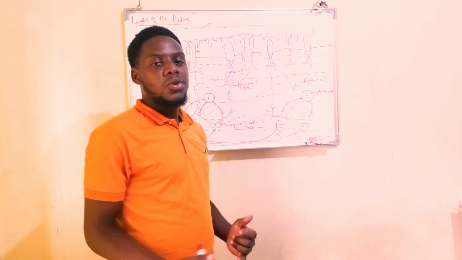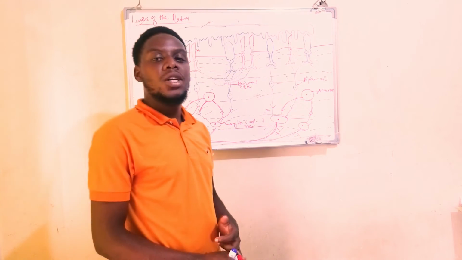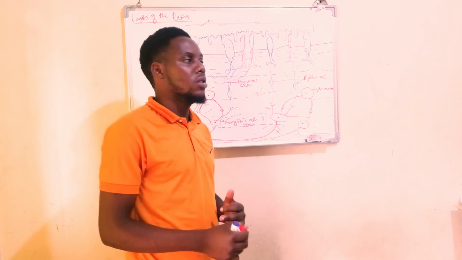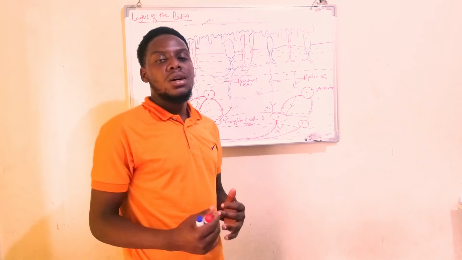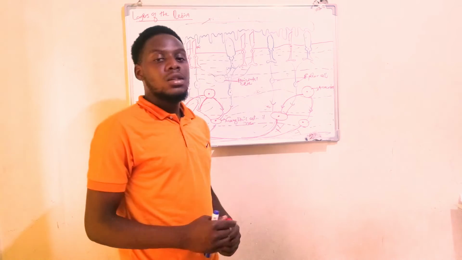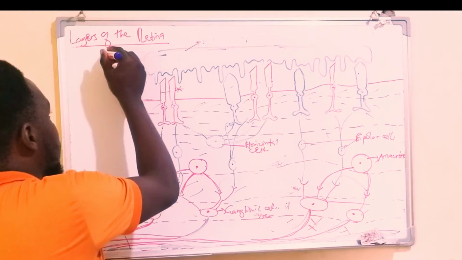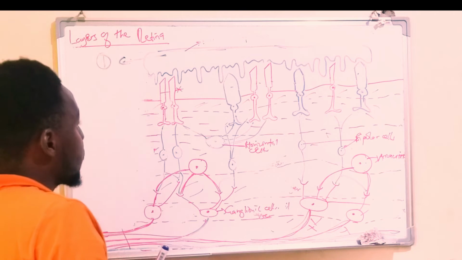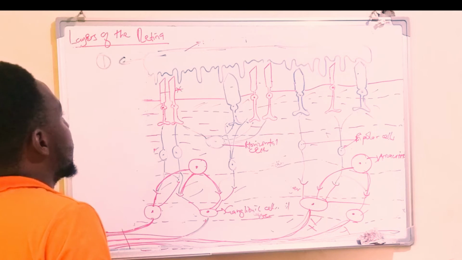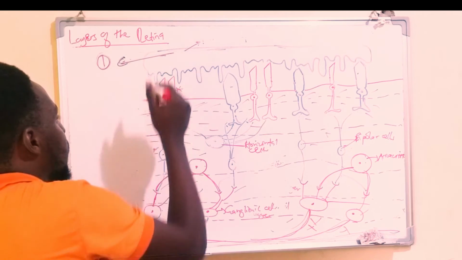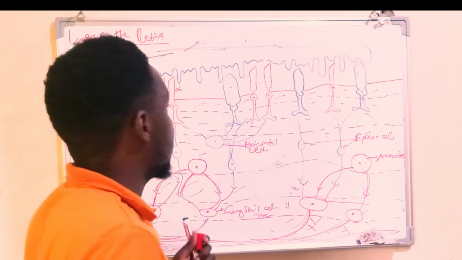While the cell processes, the synaptic terminals or the synapses, are found in the inner and outer plexiform layers. So the layers that we talked about are: one, the pigment layer or the pigment epithelium, and we said the melanin or fuscin is the pigment present there.